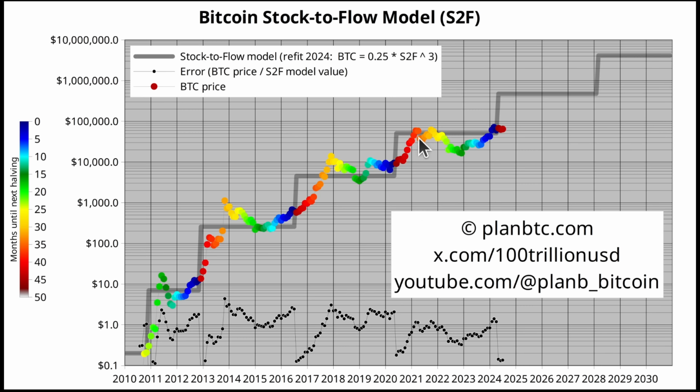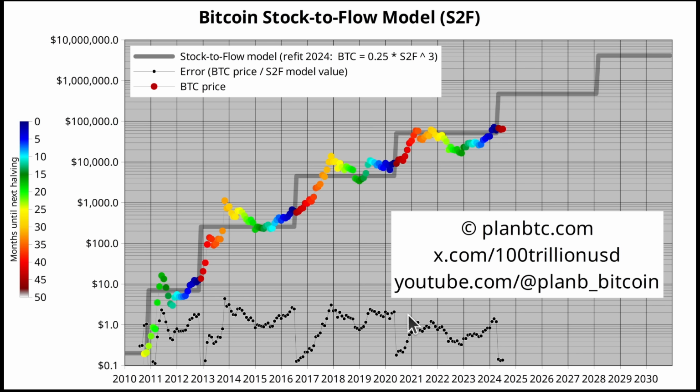It's more what I meant with that, and I'll explain it with the error here. You see that sometimes the Bitcoin price is around the model line, exactly around it, like in the beginning. Sometimes the price is above the model line, like in this period and in this period.